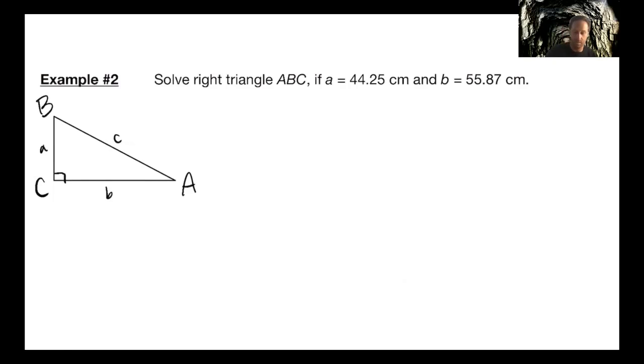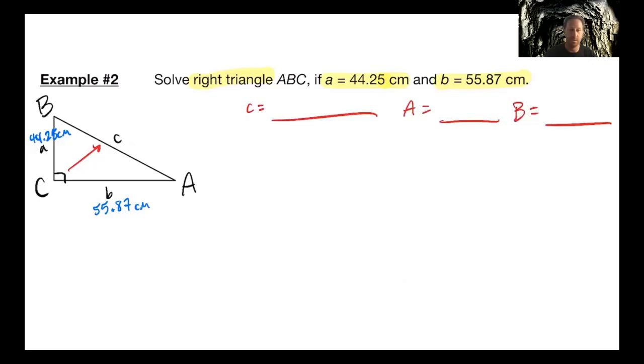And then let's label the parts that they gave us. So since they gave us two sides of a right triangle, how can we find the third? Let's start by finding little c. Well, notice that is the hypotenuse of a right triangle, which means we can then find little c by using the Pythagorean theorem, which says a squared plus b squared equals c squared.